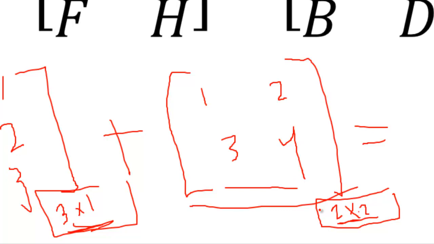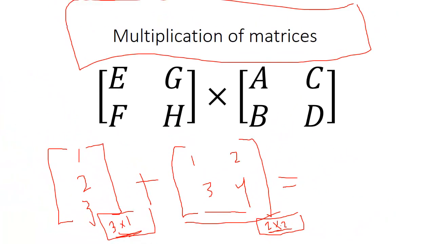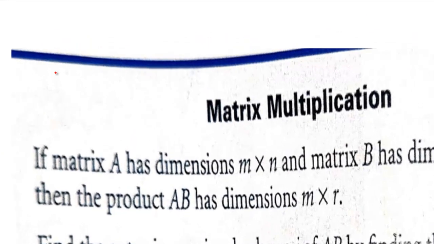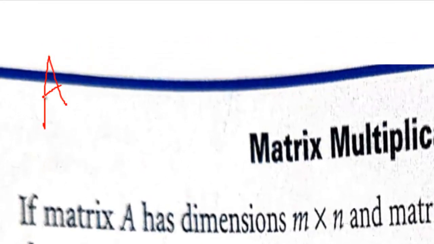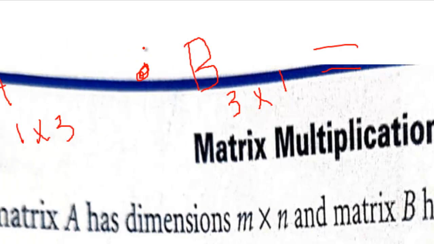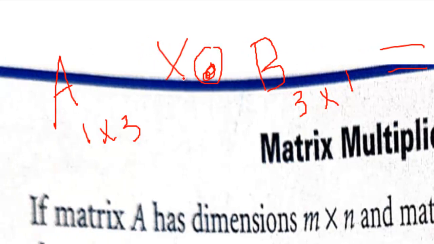Like the addition, the multiplication has a condition, only one condition. What is the condition of the matrix? If we have a matrix A, the system of this matrix is 1 times 3, and we're gonna multiply by the matrix B, and the matrix B is 3 times 1. The point here means multiplication, okay?